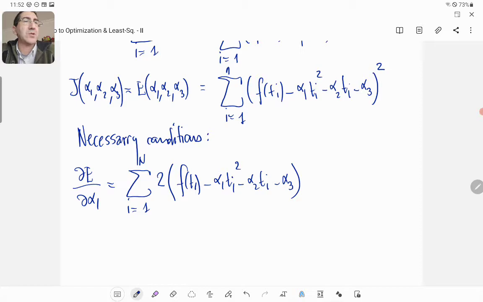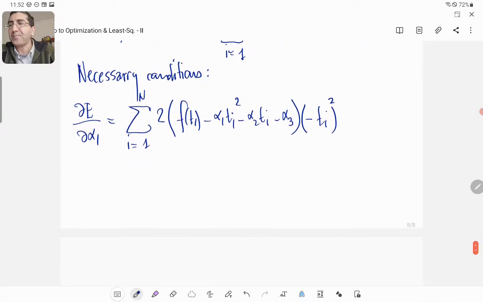Alpha 1 is over here, no other alpha 1 term, so I have minus ti squared.